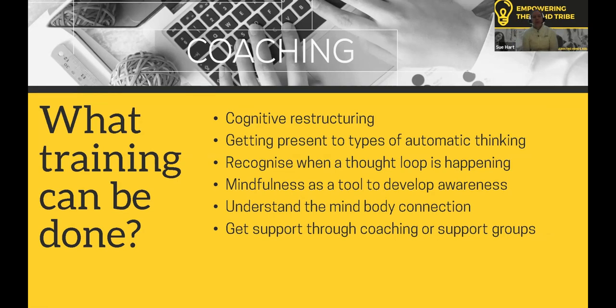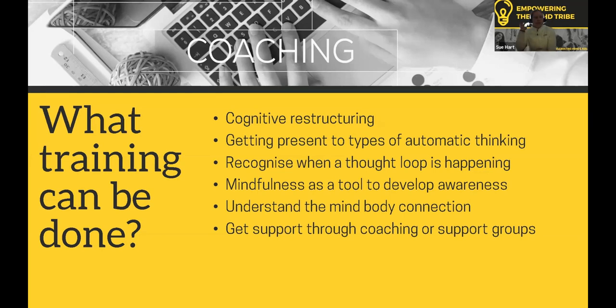So we've got to get present. We've got to get present to the types of automatic thinking that come into play. We've got to recognize when a thought loop is happening, and develop mindfulness as a tool and understand the mind-body connection and get coaching through support groups like this one.